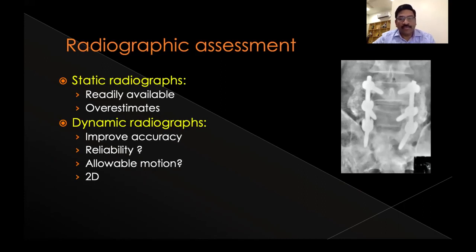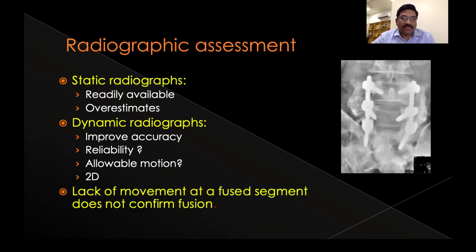Dynamic radiographs improve the accuracy of radiographs, but the reliability is a question. Inter-observer reliability is a big problem, and the allowable motion to label a fusion to be a non-union or a pseudoarthrosis is still controversial, but these are only 2D assessments of the fusion.